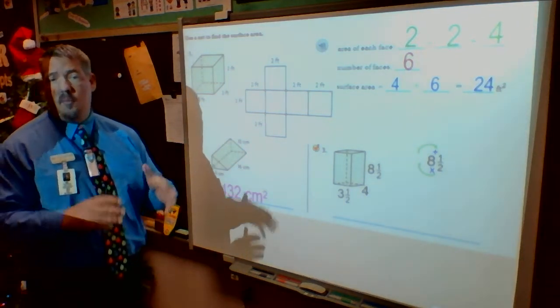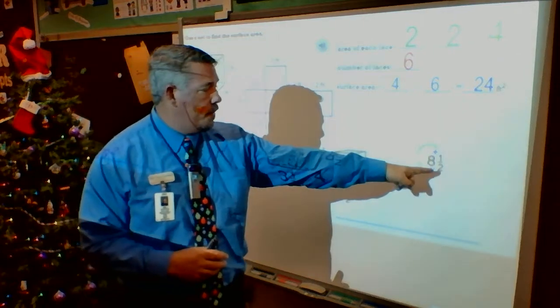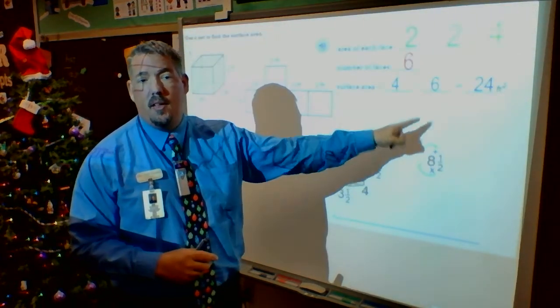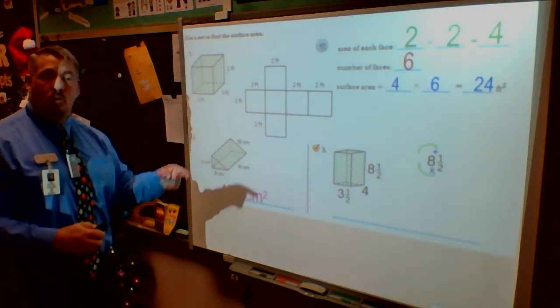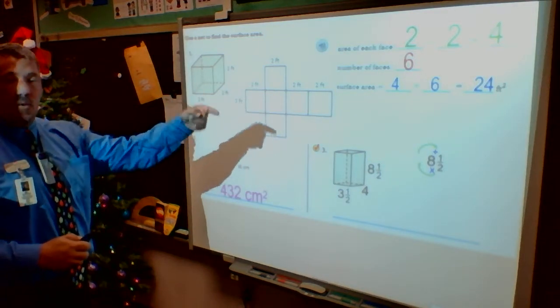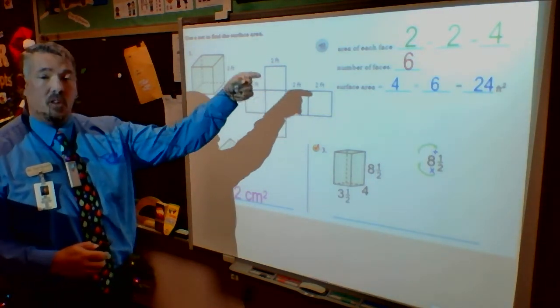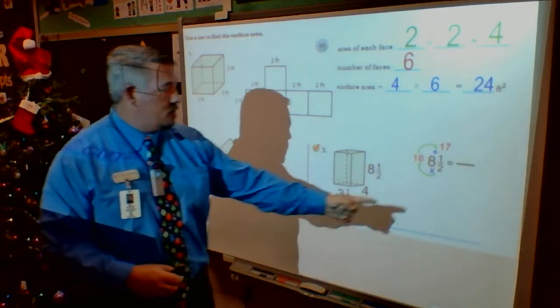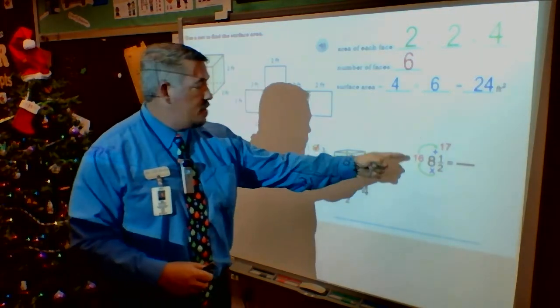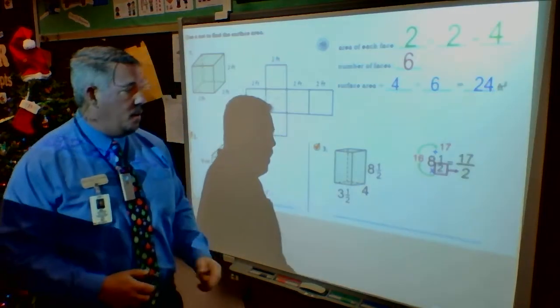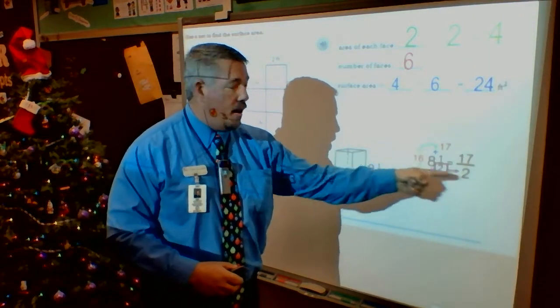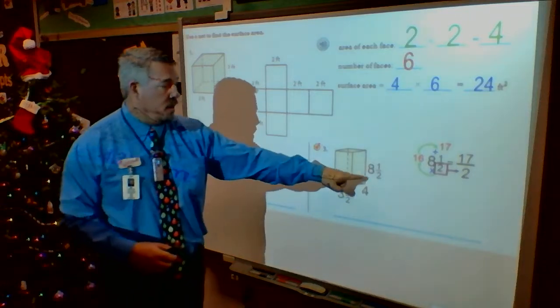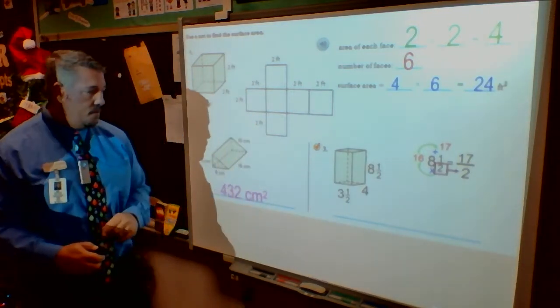Once again, I take my mixed number, start at the bottom and go around, I multiply and then add. So I'm going to take 2 times 8, which is 16, and 16 plus 1 is 17, and I'm going to keep my denominator. That's my new numerator, and I keep my denominator. So this is 17 halves.